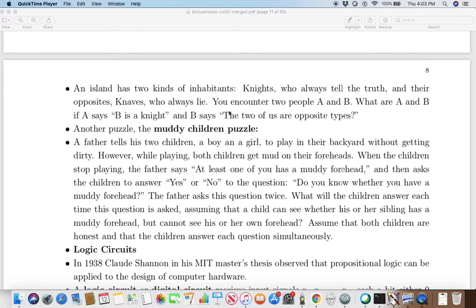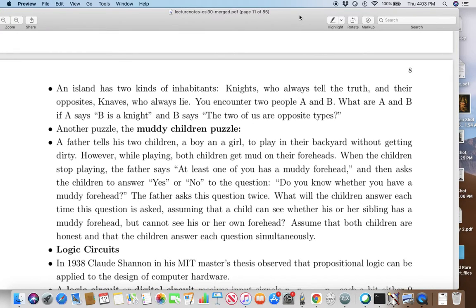Oh, this is a beautiful one. You might want to try. You encounter two people, A and B. What are A and B if A says B is a knight and B says the two of us are opposite types? All right, so this is a nice exercise.